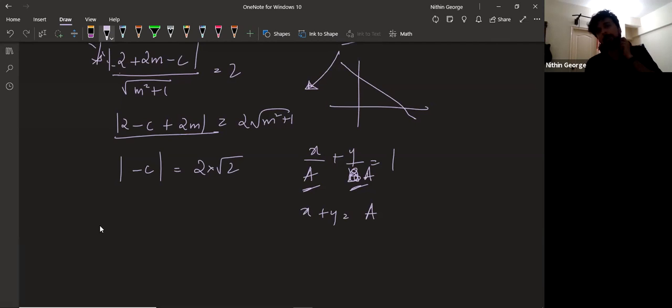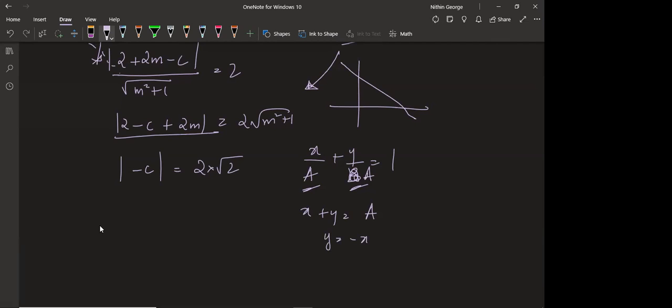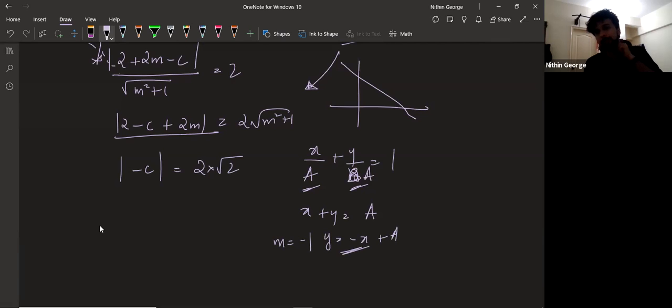Now what can you say about y? y equal to minus x plus a. What is the slope here? m is equal to minus 1. If they just say they make equal intercepts in magnitude, this is also possible, where the x-intercept is minus a and the y-intercept is plus a. There you can see that slope is equal to 1. But here it's equal intercepts on the positive axis, as in positive coordinate axis.